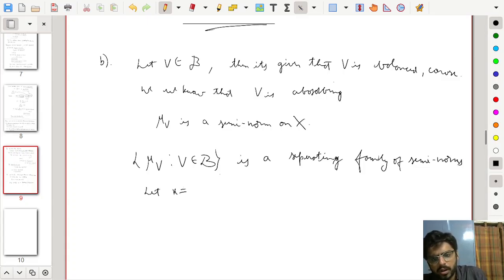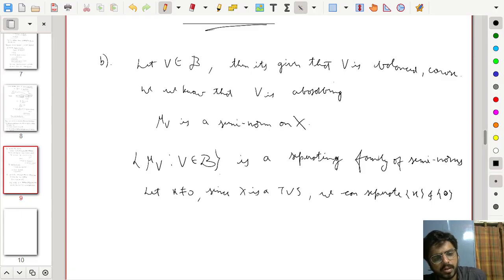So let x be non-zero. Since X is a TVS, it is Hausdorff, right? So we can separate singleton x and singleton 0 by open sets.